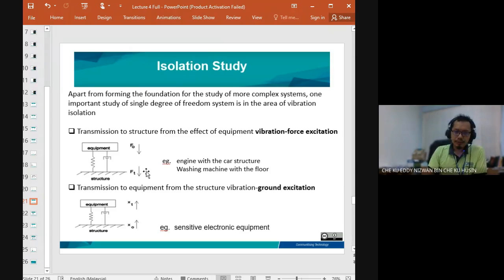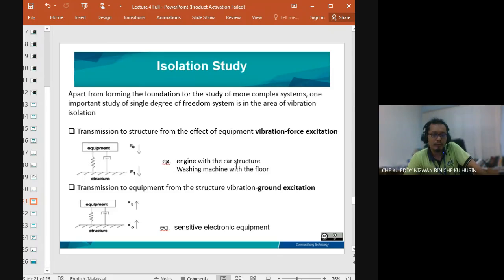Okay, so basically to isolate the system, to reduce the force transmitted to the other structure, the solution is we must reduce the magnitude of the vibration, so the amplitude of the vibration. This one, we will look at the equation after this. Another example is the car structure.